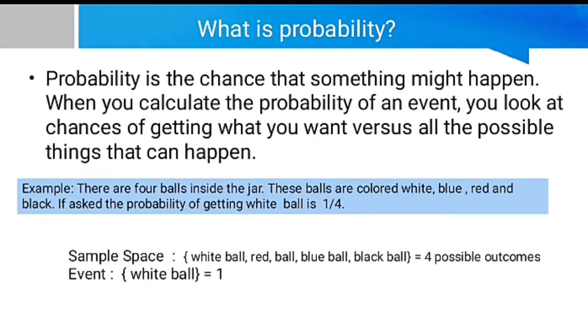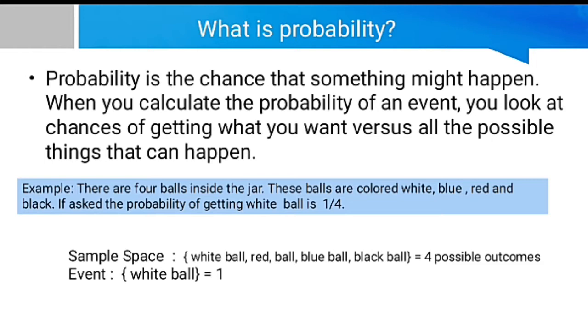So how did we get 1/4? We will first determine the sample space. What are the possible outcomes? The sample space is the list of all possible outcomes. Inside the jar there are 4 balls. What are these? We have the white, red, blue, and black. Those are the possible outcomes. We are trying to look into the probability of getting white.